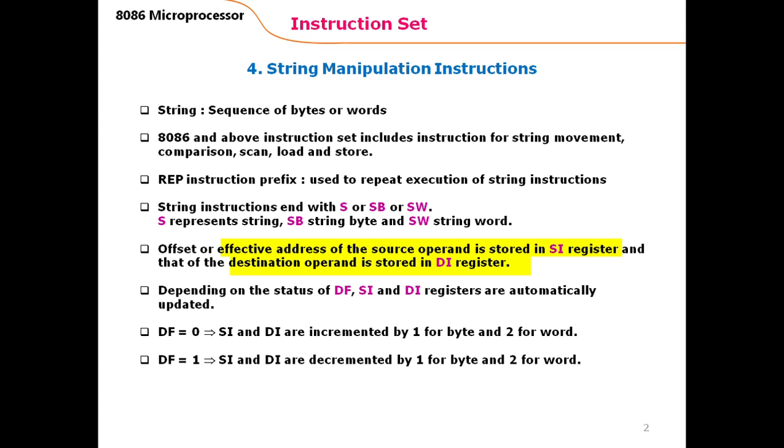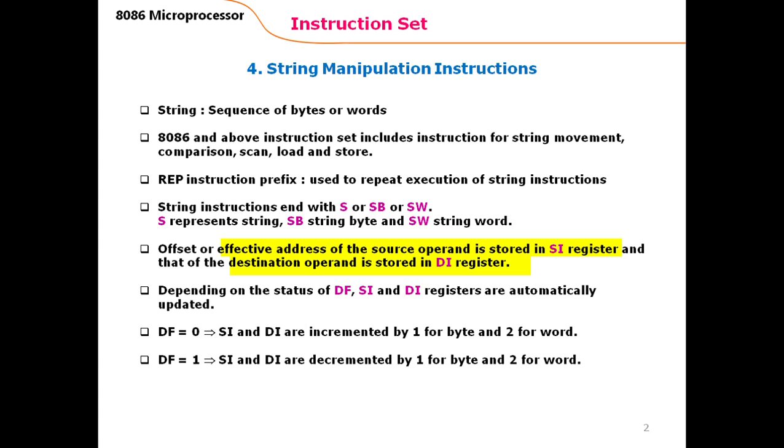String instructions normally have two operands, one is the source and the other is the destination, and in that case the SI register would provide the offset address for the source operand, and DI would provide the offset address for the destination operand. And if there is only a source, then SI would be used.